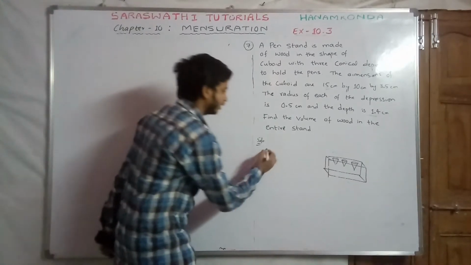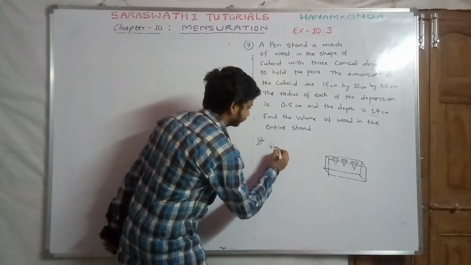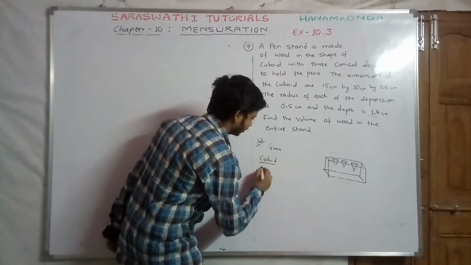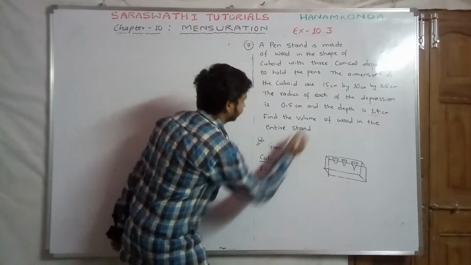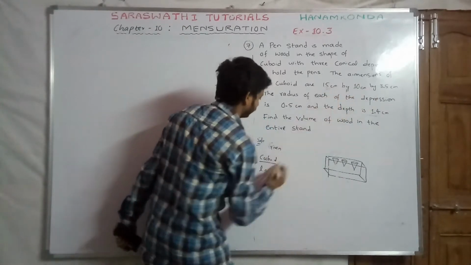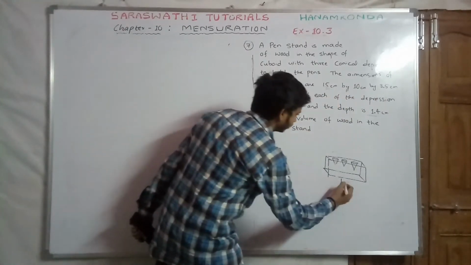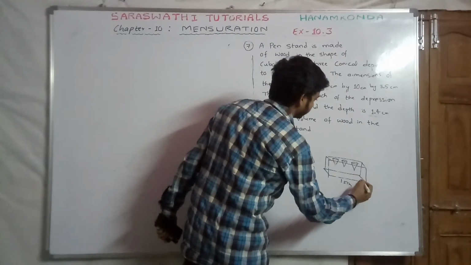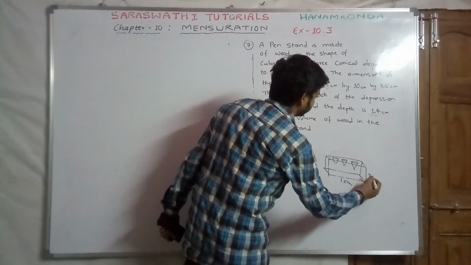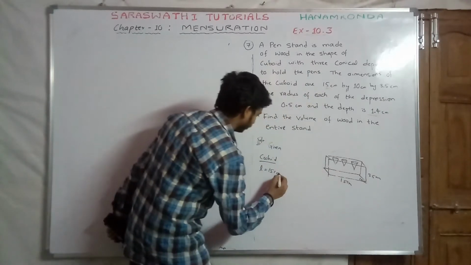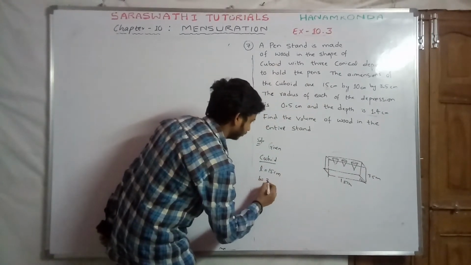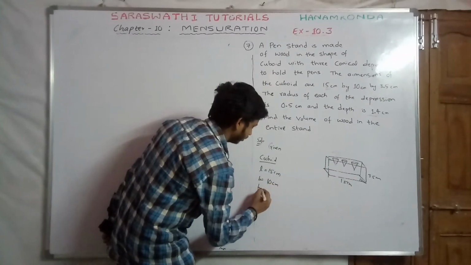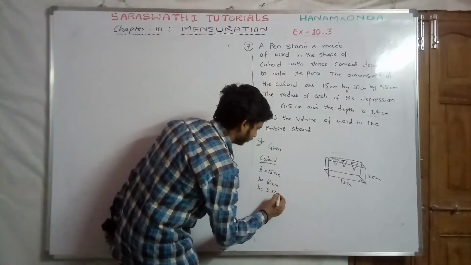Okay. So first write the given dimensions. Cuboid: length is 15 centimeters, breadth equal to 10 centimeters, height equal to 3.5 centimeters.